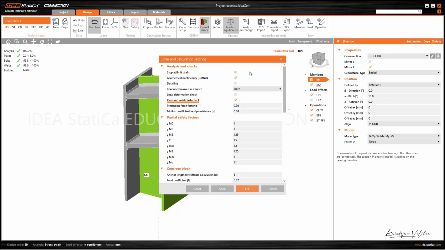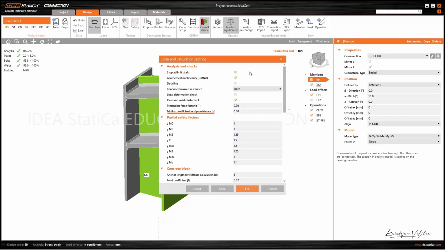Plate and weld clash check. Check of the plate and weld geometrical interference. Pre-tension force factor K. It is a factor used to determine the pre-tensioning force for the pre-tensioned bolts and represents a percentage of their total resistance.